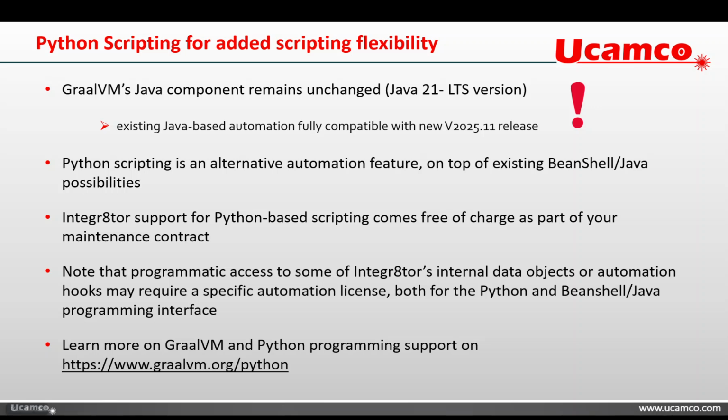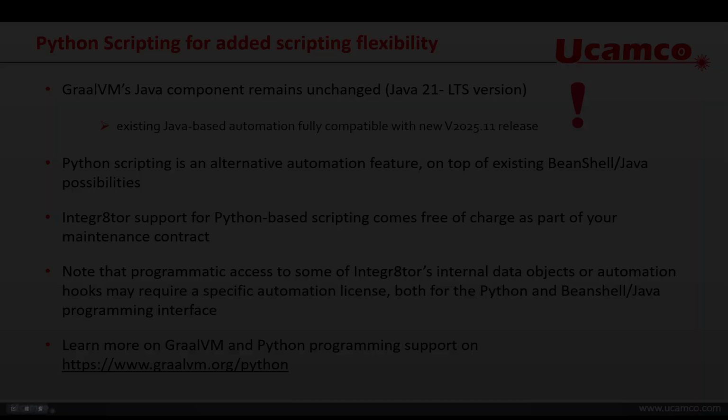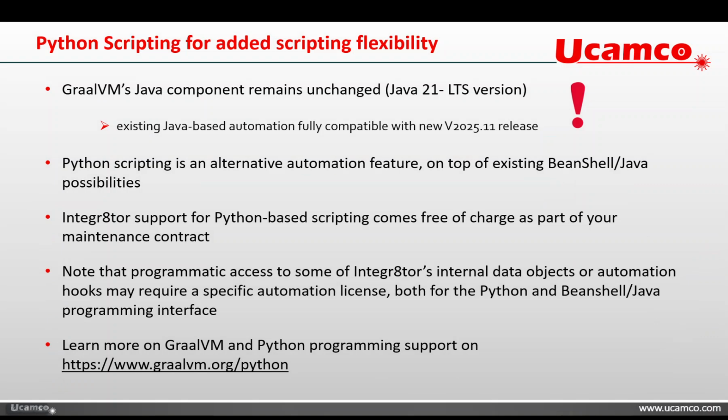In our previous releases of Integrator, we moved to Java 21, the long-term support version, and inside the GraalVM environment, that is still the case. So that means that all of your existing automation that you have developed already and which is Java based is simply compatible with the GraalVM. So there is nothing extra to do there in order to make it go from a previous version to this one.